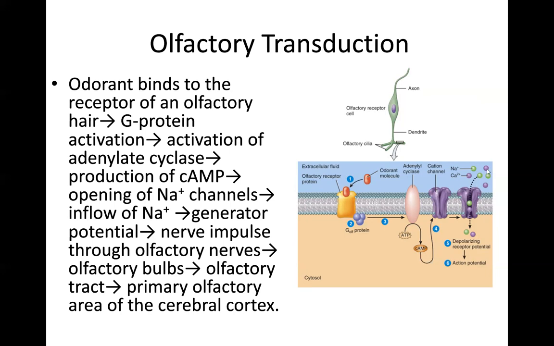If the cation channel opens up, things like sodium and calcium can come in. And this is a neuron. So if enough sodium or calcium comes in, we can hit threshold, and when we hit threshold, action potentials are propagated down the axon of this neuron. So that's how it's all going to work.